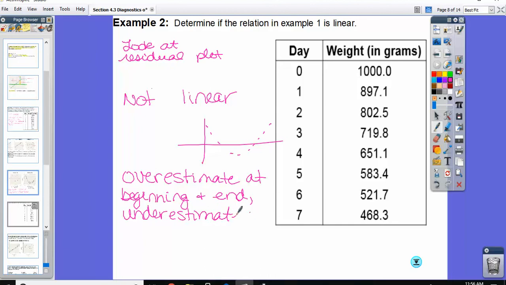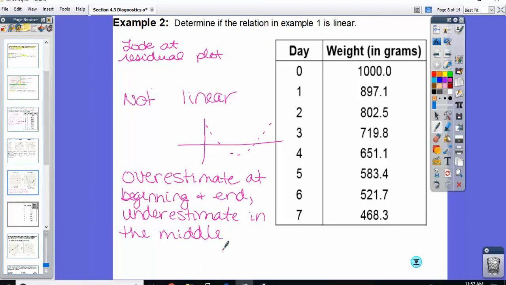Underestimate in the middle. So it was not the best fit. Okay. Not so much telling us that we can't have a line of best fit, but that there's some problems with that line if we were looking at it.